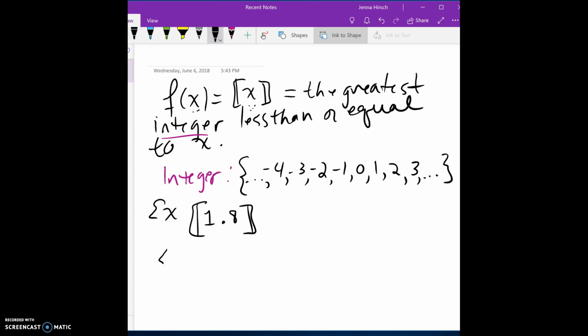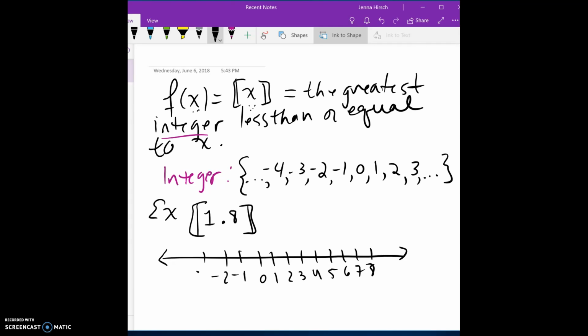Let's sketch a few values on the number line so you can get a clearer picture of what we're doing. 1.8 is located right here, in between 1 and 2, a little bit closer to 2. We want the biggest integer that's less than 1.8, and less than means we're going to the left. That's equivalent to saying 1.